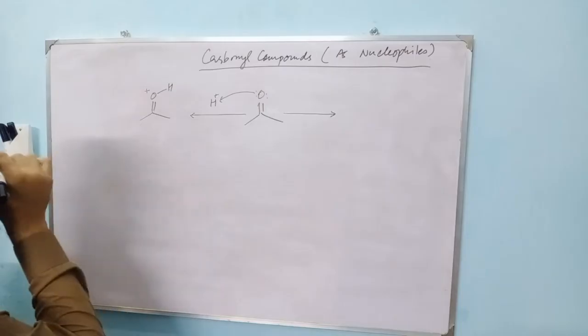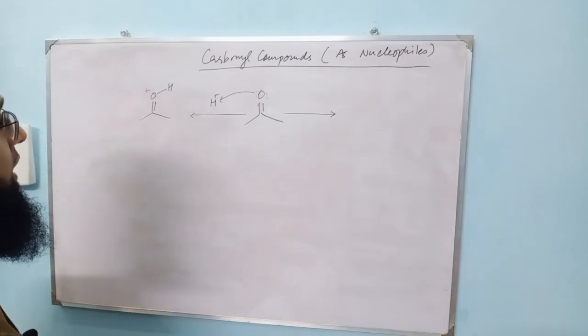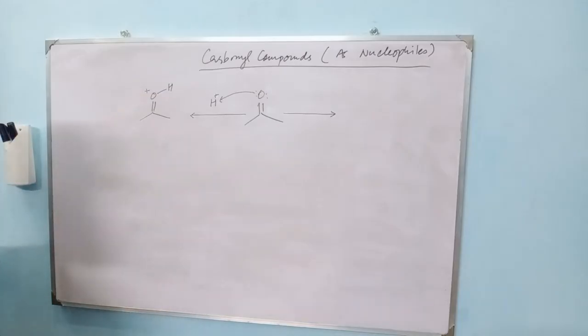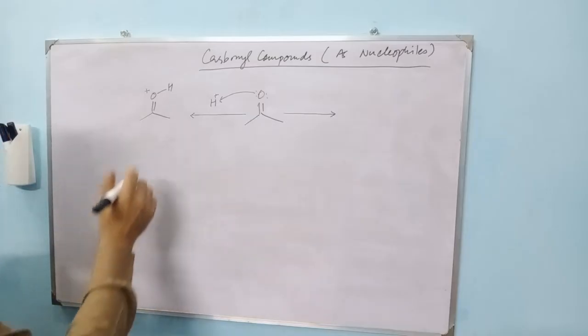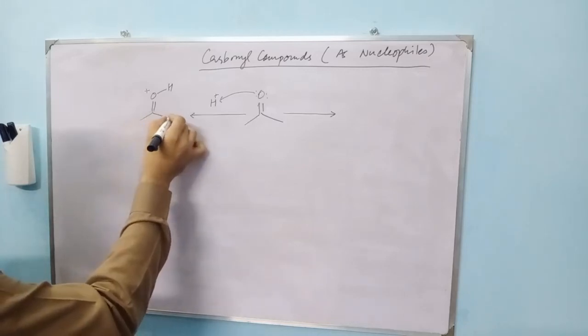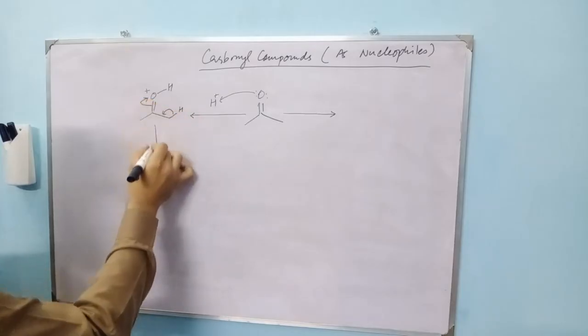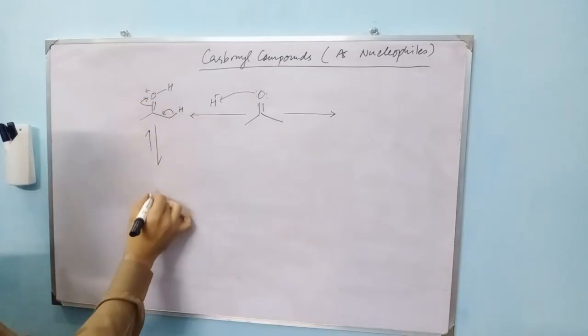And because oxygen is protonated carrying positive charge, and when an electronegative atom carries positive charge, it becomes more electron withdrawing, and due to this the electron density here is also lowered, and this proton shifts here, and we get the tautomeric form, enol.